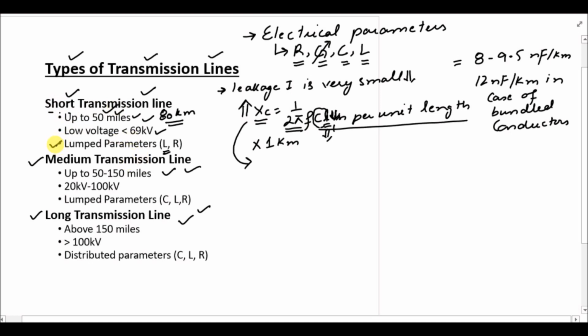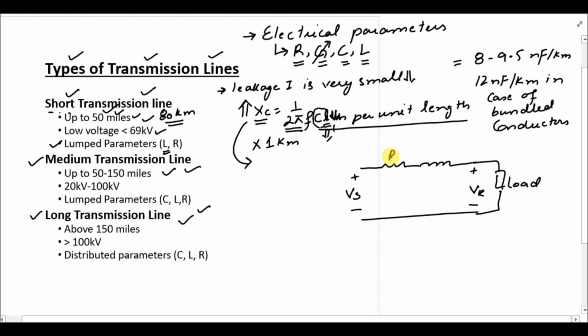And what are lumped parameters? For example, now we have neglected the capacitance for the short transmission line. If we have to model the short transmission line, there will be one resistance and one inductance in the line, and this is the sending end voltage. This will be your receiving end voltage. We will have some load here.